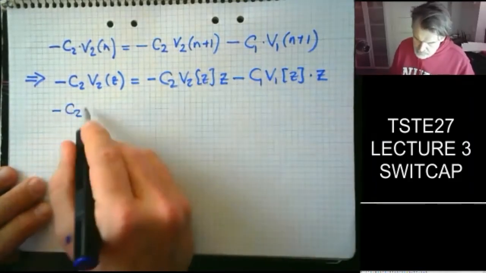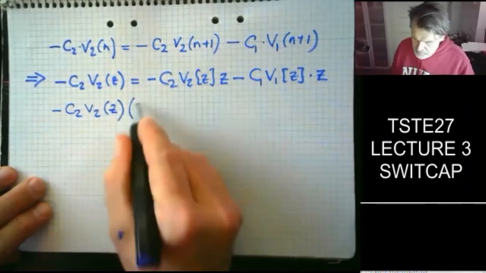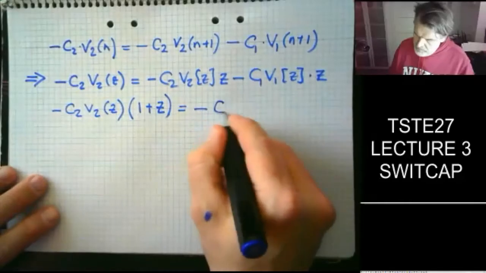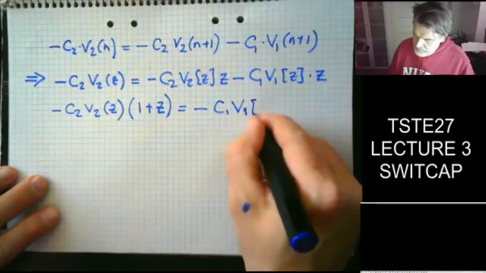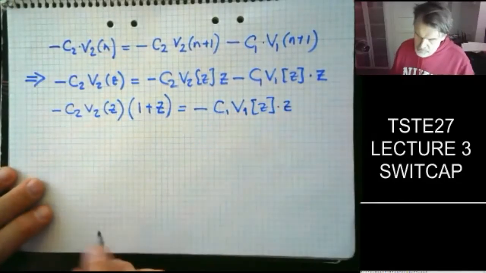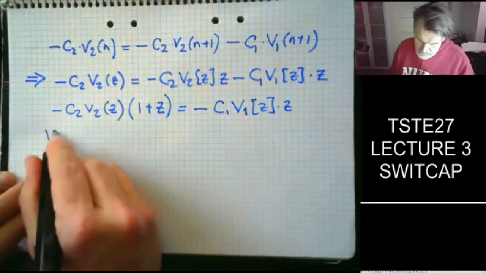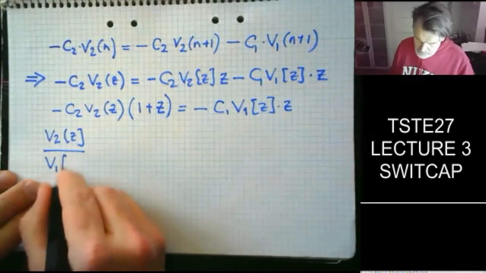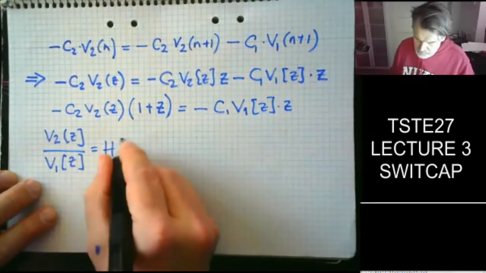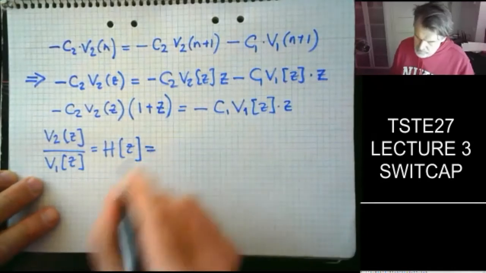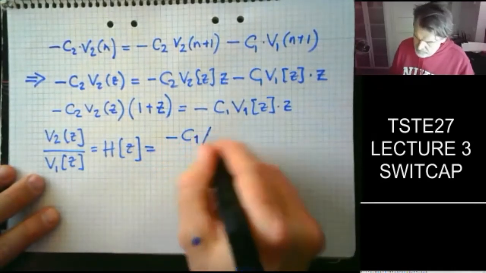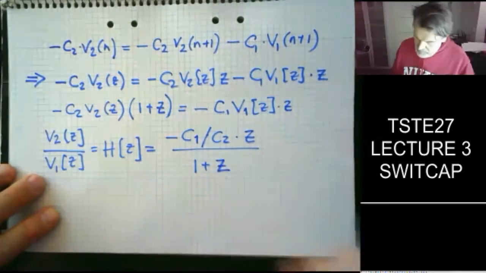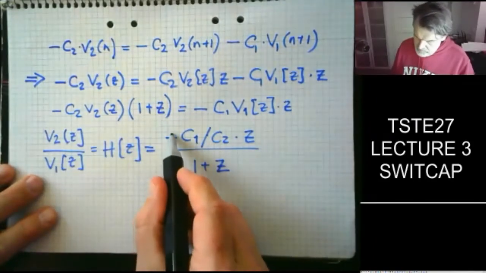So minus C2 V2 of Z times 1 plus Z is equal to minus C1 of V1 of Z times Z. And yeah, V2 of Z divided by V1 of Z is equal to H of Z, equal to minus C1 divided by C2 times Z divided by 1 plus Z, and then minus minus becomes plus here.